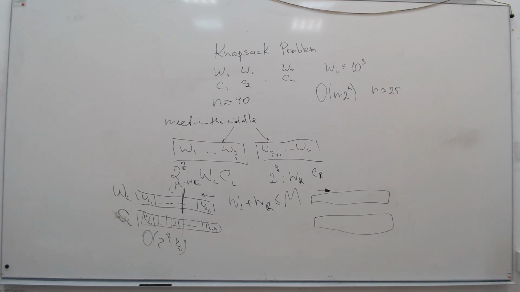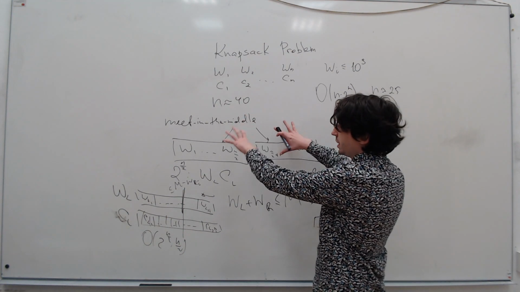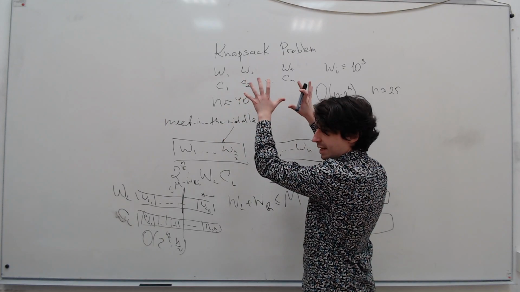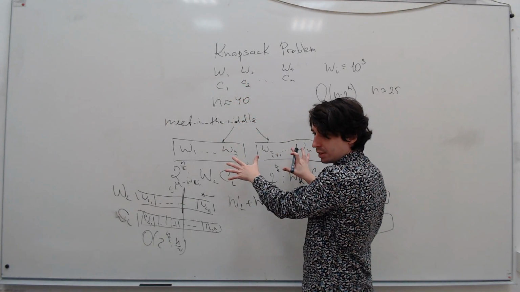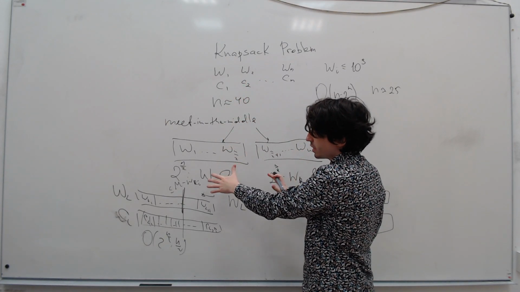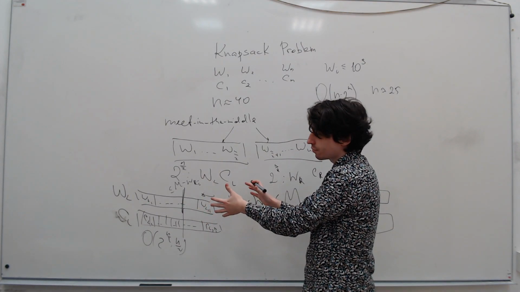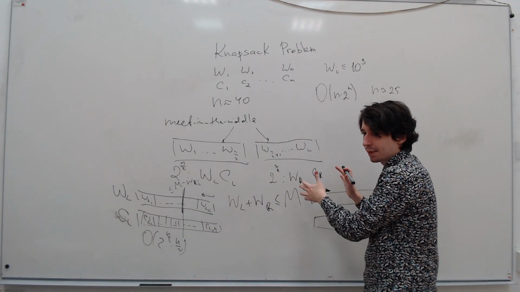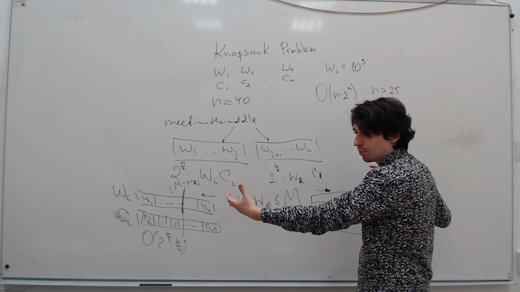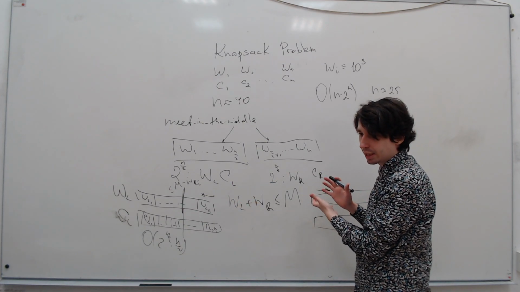I'm pretty sure that you understood almost nothing of that. But the key idea is that you split the set into two sets. Then you calculate all the possible subsets for the left, all the possible subsets for the right, and you merge them together in the resulting answer.